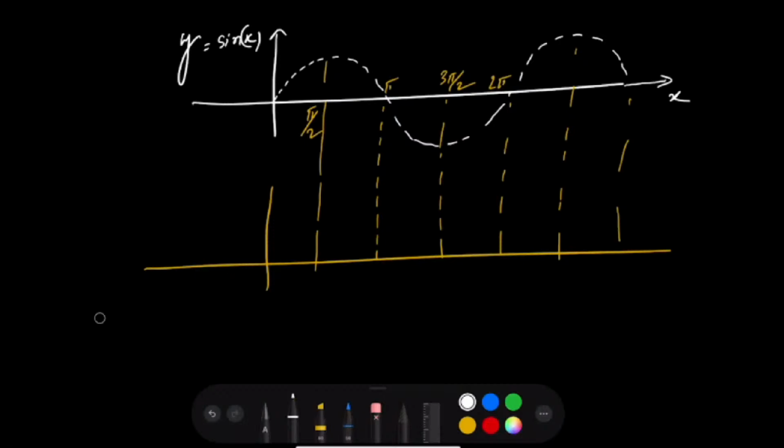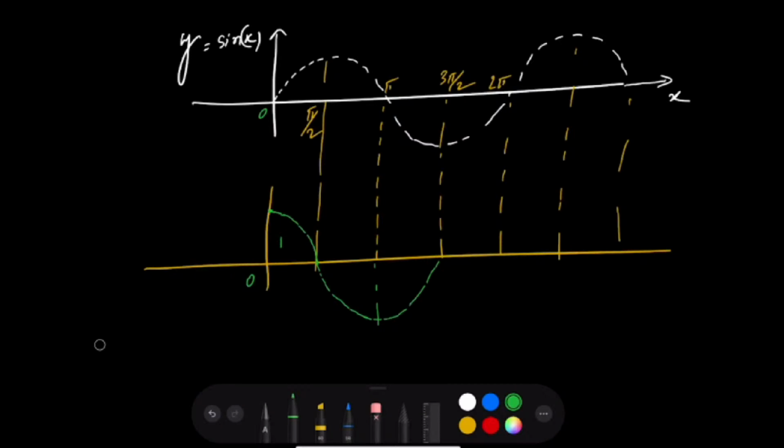So the graph of cos x will be how? Cos x is 1 at angle 0, and it will decrease, and it will become 0 at 90 degrees, at pi by 2. It will enter the second quadrant where cos will be negative, and it will reach -1 here. Again it enters the third quadrant.